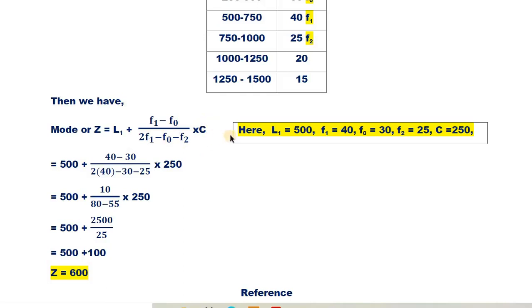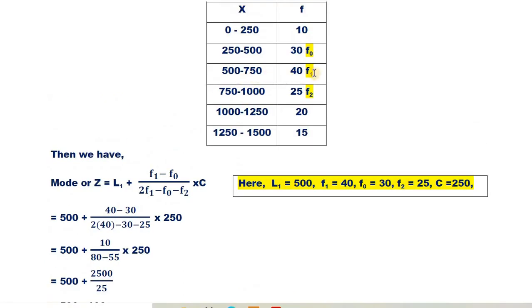Now we have to find the modal class. To determine the modal class, the class interval with the highest frequency is taken as the modal class. The lower limit, to be substituted in the formula, L1 is 500. The modal class has the highest frequency, here 40, and its lower limit is 500.